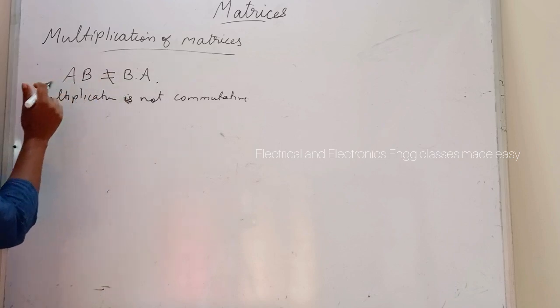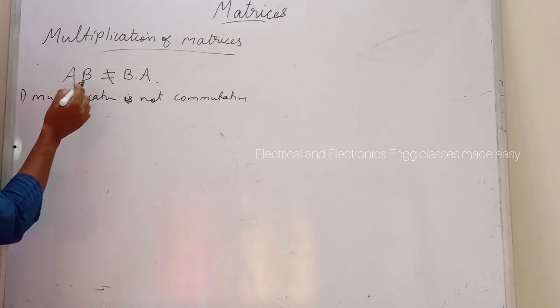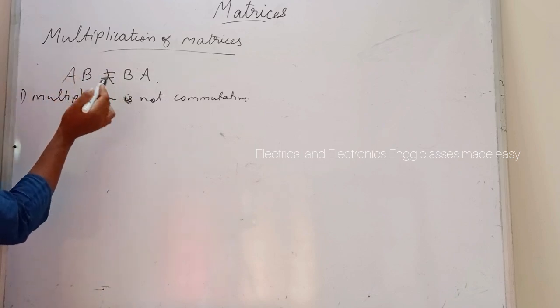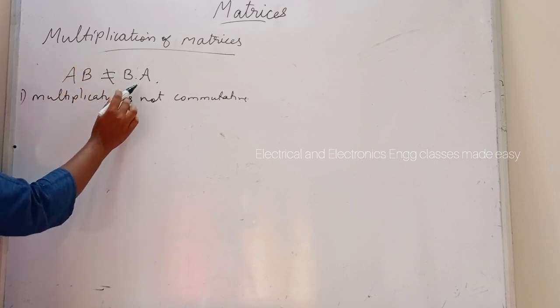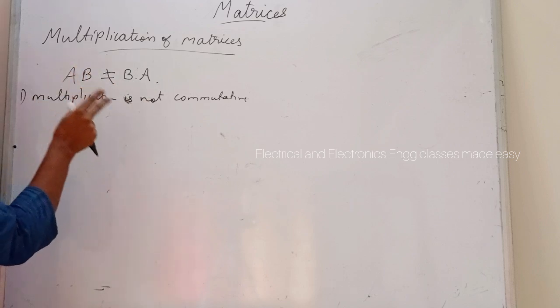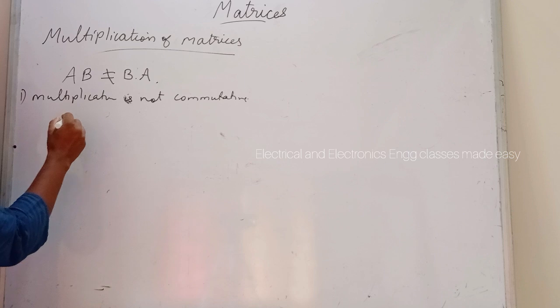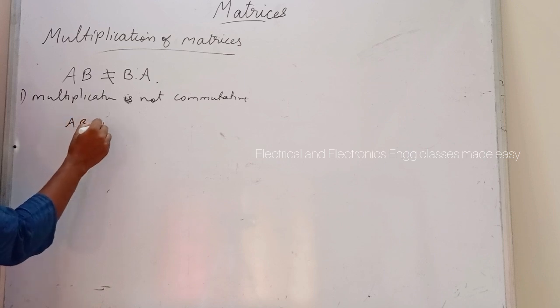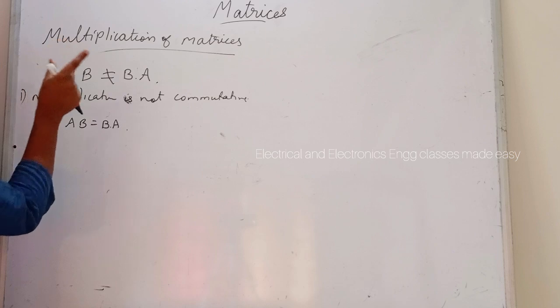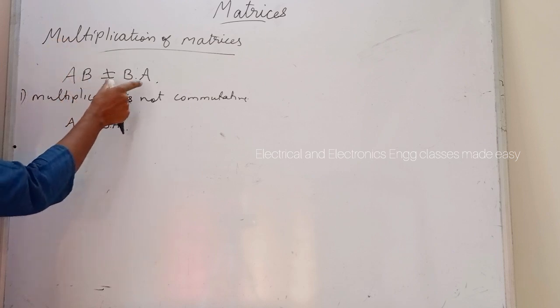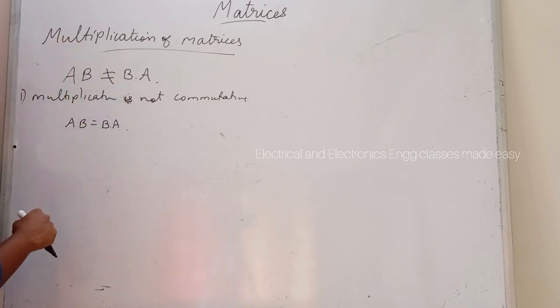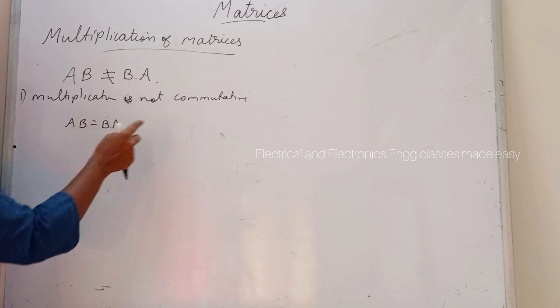So this is one property. So AB need not be equal to B into A. But in some cases, we get AB is equal to B into A. That is very rare. In most cases, AB is not equal to B into A. That is, multiplication is not commutative.